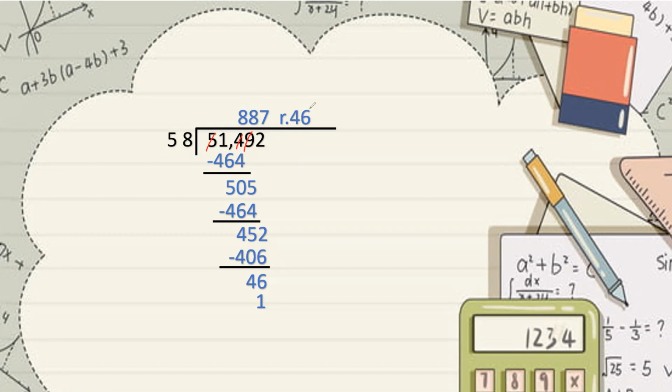Okay, now let's begin in this one. And we have to say 5 plus 8 equal 13. So we are going to write 13. Now 1 plus 3 equal 4. This is my divisor exceed.